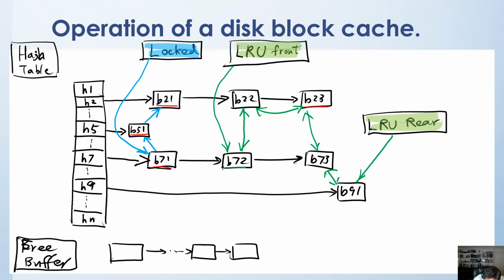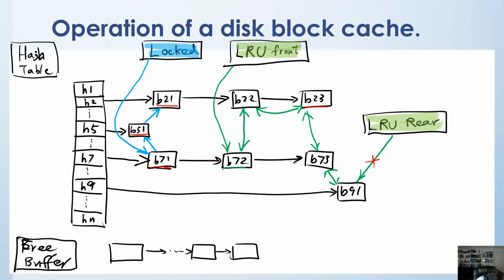So we should move B23 to the rear of the LRU list. In that case, we have to disconnect the LRU rear from B91, so B91 is no longer at the rear, B23 is.